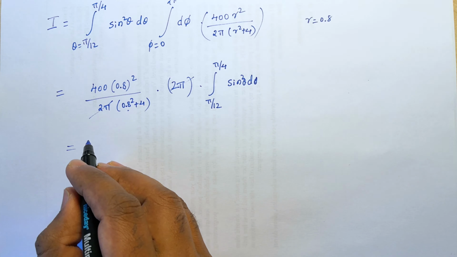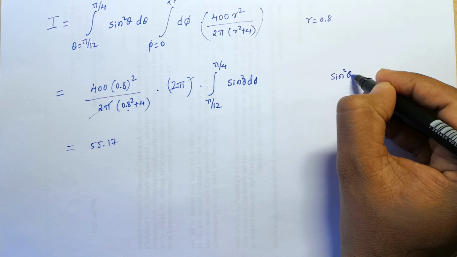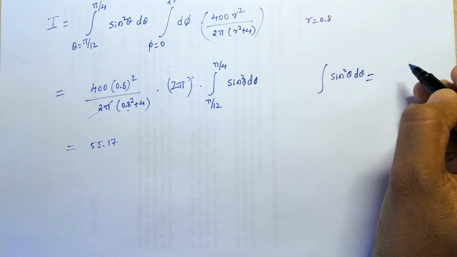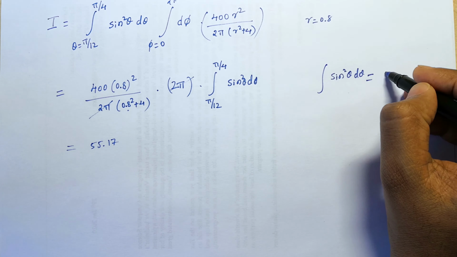55.17, and we have the integration of this sine square theta. So, the sine square theta d theta is given as, wait, let's make a small draft. It's the integration of (1 minus cos 2 theta) by 2 d theta.